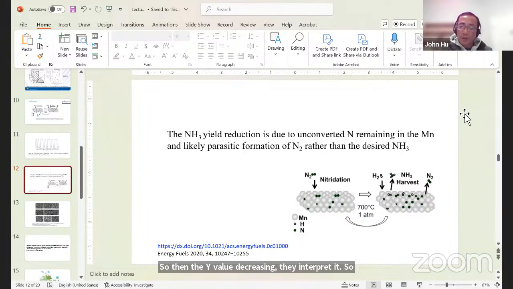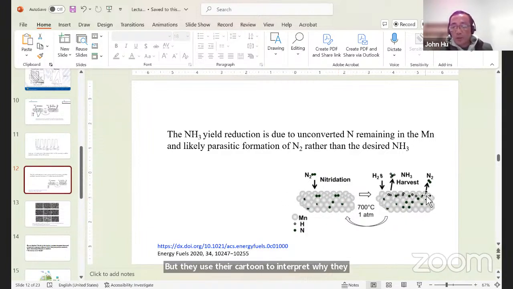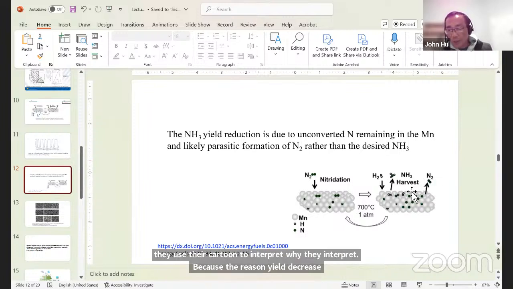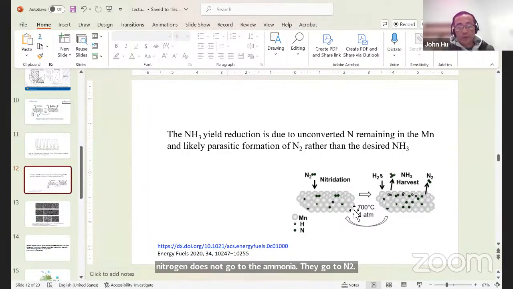The reason the yield decreases is N2 coming out. The desired product is ammonia, but N2 keeps coming out, because in the bulk the nitrogen does not go to ammonia, it goes to N2. That's why the ammonia yield decreases.